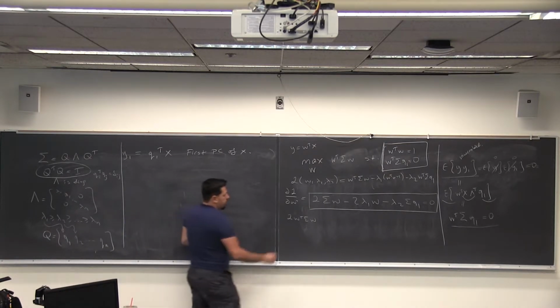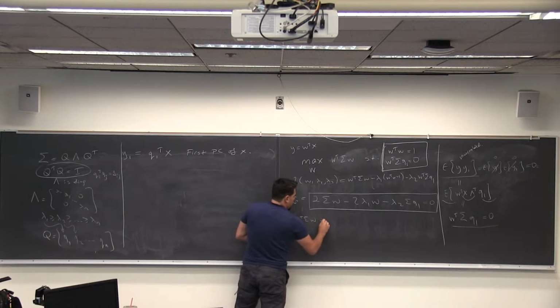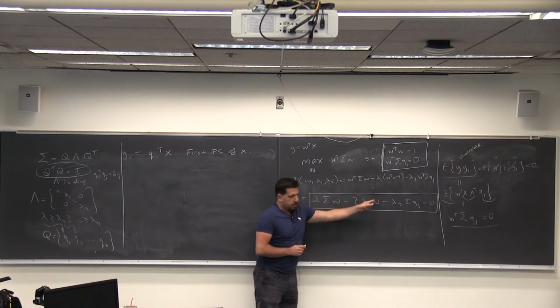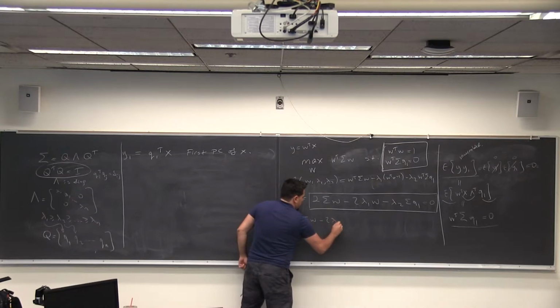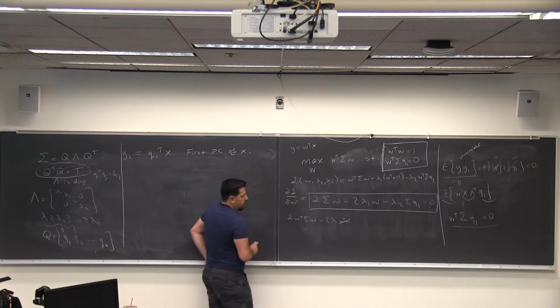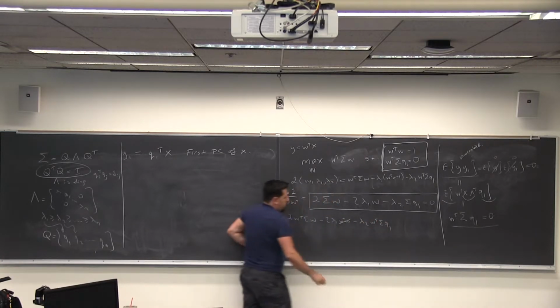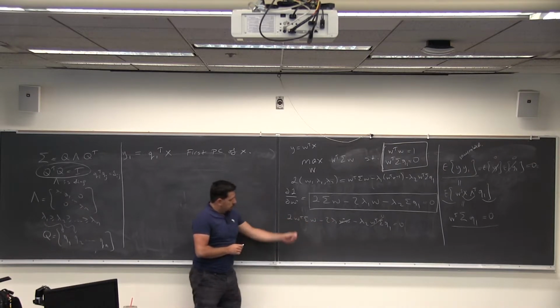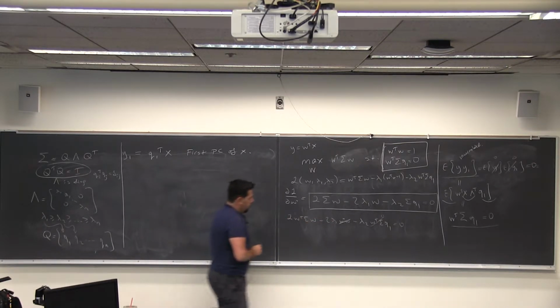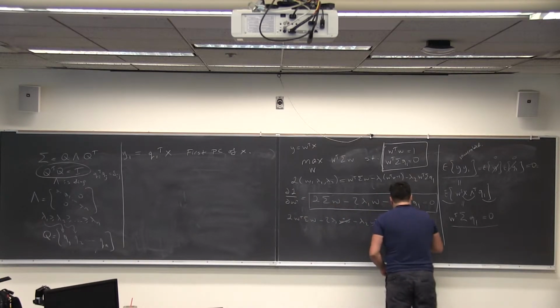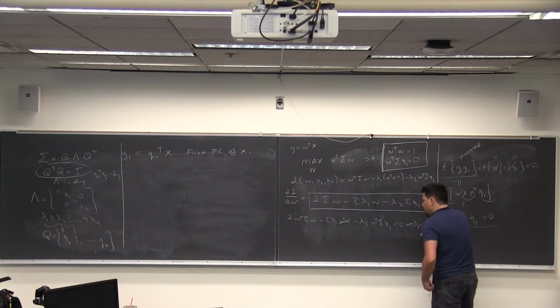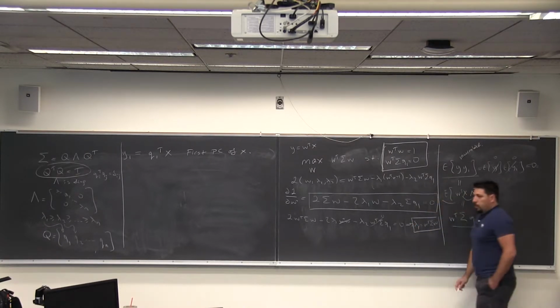We have 2 W transpose sigma W minus 2 lambda 1 W transpose W, which will be 1, minus lambda 2 W transpose sigma Q1. The second constraint says this last term should be 0. So that again tells me lambda 1 should be W transpose sigma W. That's an equation to satisfy.